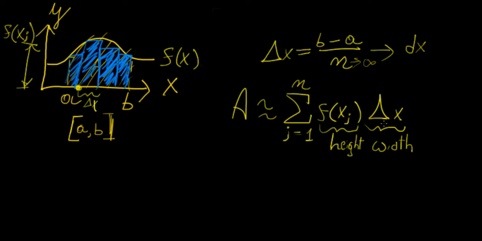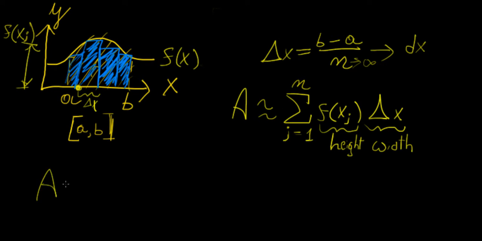So if this becomes dx, then it makes sense that this set of points is going to become continuous, because we're going to have an infinite number of those points of f of x running along that interval. So what is going to happen to this?